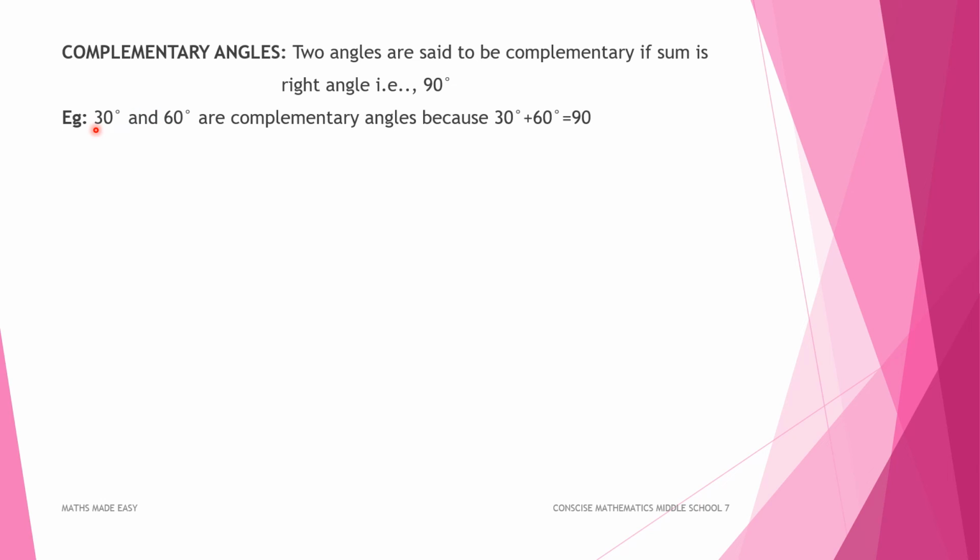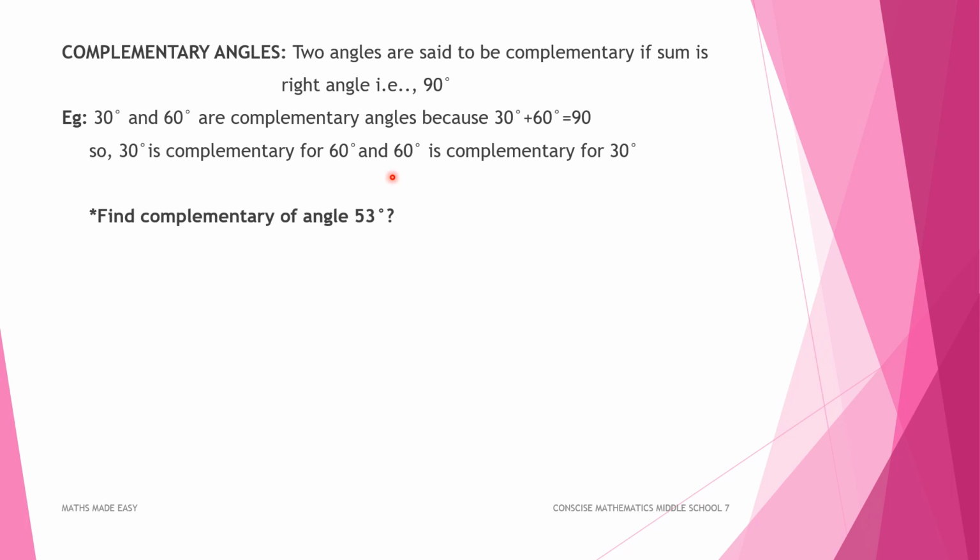Because 60 plus 30 is 90. When you add two angles, if you get 90, then it is a complementary angle. 30 is the complementary of 60 and 60 is the complementary of 30.